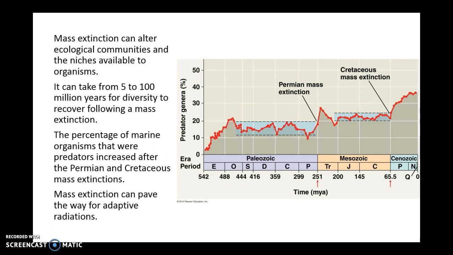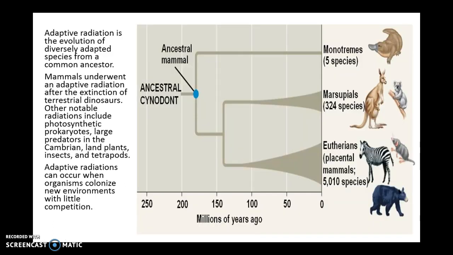Then mass extinctions pave the way for this concept of adaptive radiation. With regard to adaptive radiation, there are many places, particularly Hawaii, where we see a great example of adaptive radiation with the many types of plants you see on Hawaii.